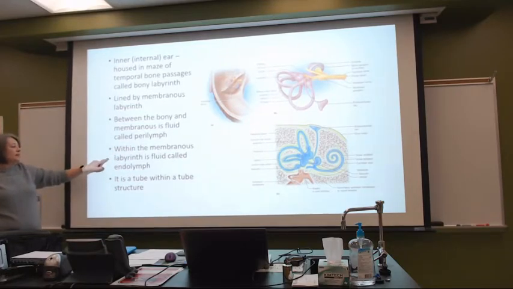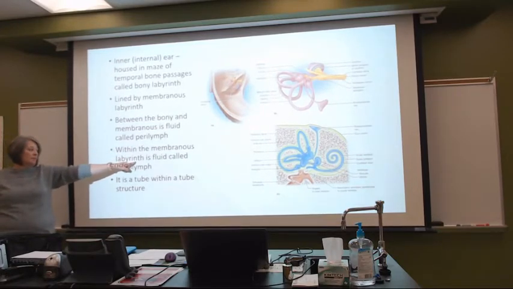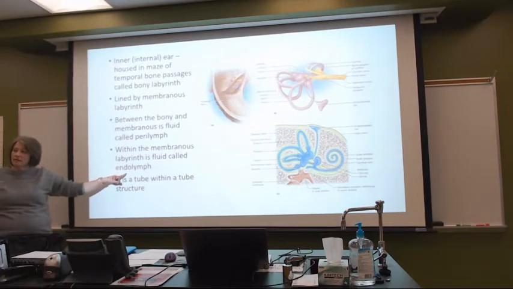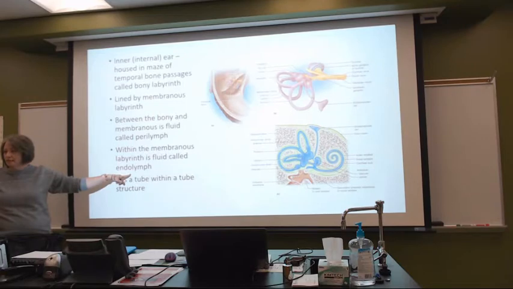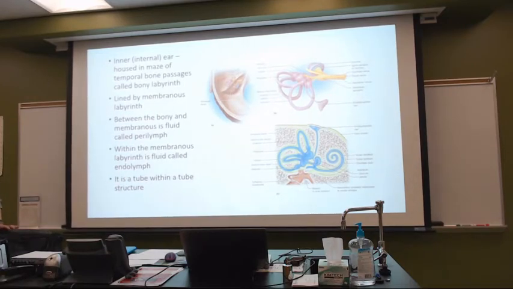Okay? Then inside the membranes, meeting the other parts of the ear, is endo-lymph. So if we were to take the cochlea, the snail portion, and roll it out flat, outer part peri, innermost endo. Okay?